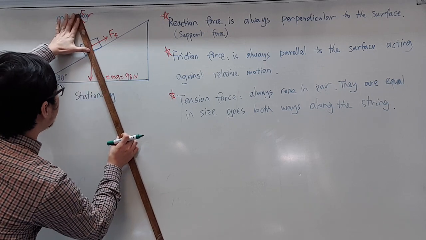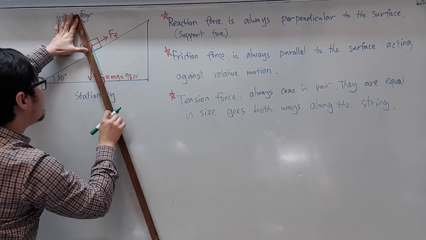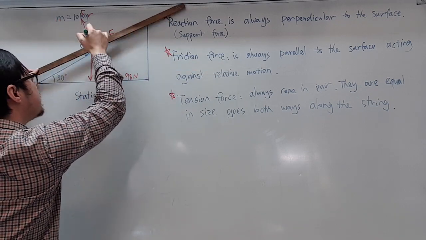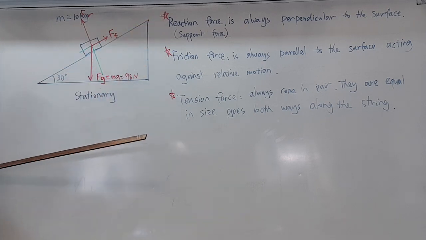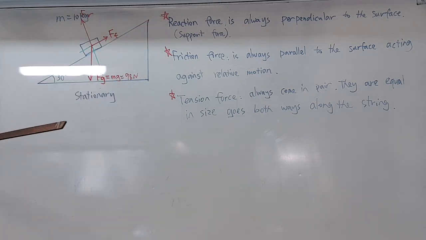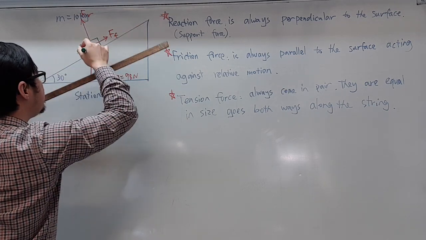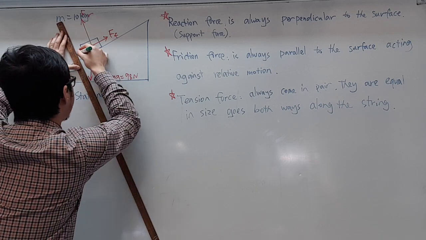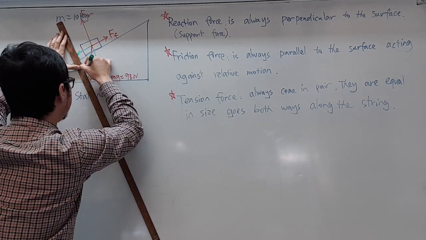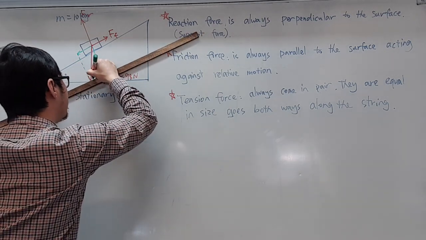One going this way, and then one going in this direction. Does this make sense? When we decompose forces, we always need to make it become a rectangle. So all 90 degrees over there, there will be a 90 degree over here as well.